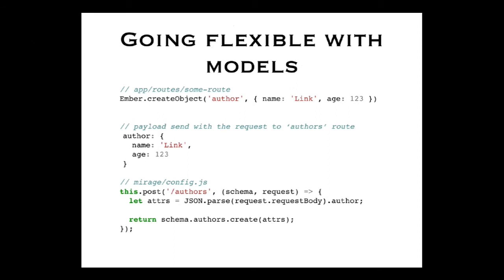With Mirage, if you'd like to do that, you just define the post route that expects to get a schema, which is the database, and the request object. In the request object, you have the request body, which is whatever your application sends. That would normally be something like this, author name and age. You just parse it as JSON and call schema.authors, which is your model table, and create.